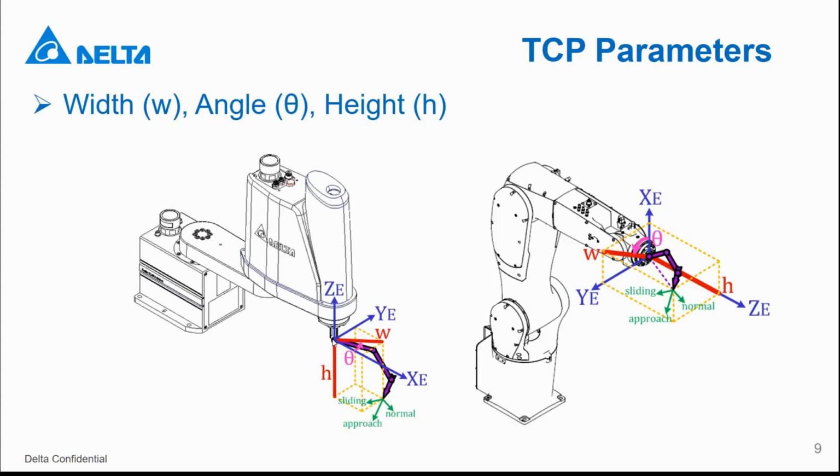And the width is the width from the end effector to TCP here. And the angle is from the X direction to the width. So it's a theta here. For the 6X basically it is the same. So we use these three parameters to define the tool tip.